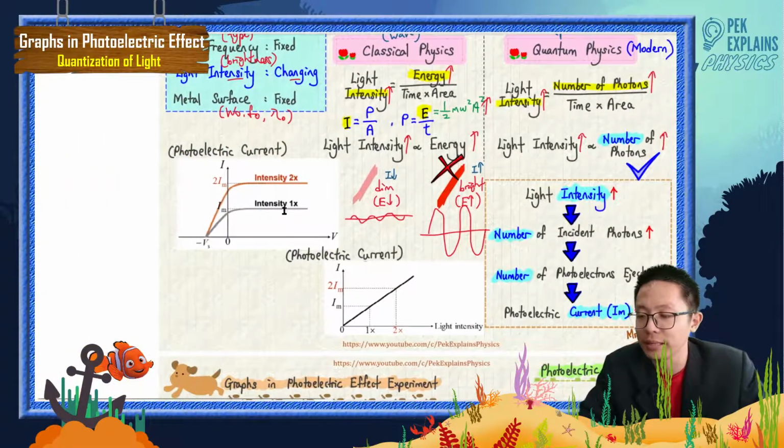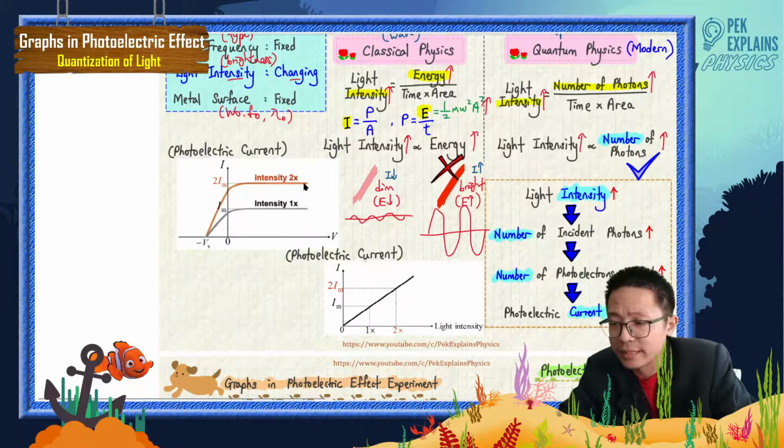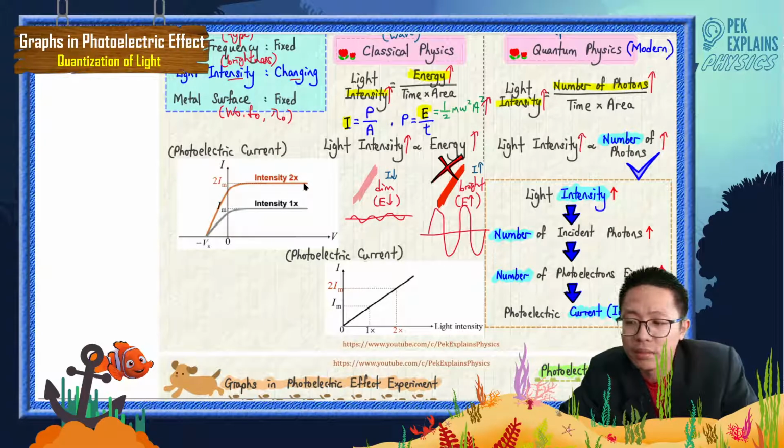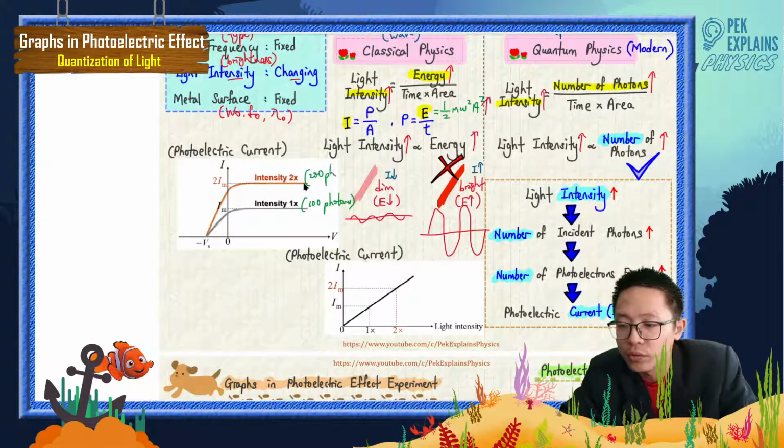So if you take, let's say, one-time intensity, the saturation current is I maximum. If two-time intensity, maybe one-time intensity means you only have 100 photons coming, but two-time intensity means you have 200 photons.